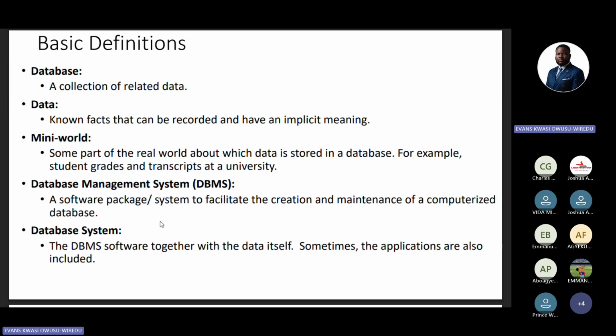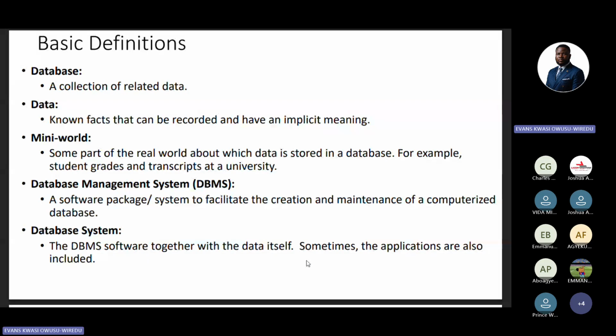But for the purposes of exams, one has to do with the package system, the creation and then maintenance, which is the full DBMS. The creation and maintenance, because maintenance includes keeping it after you create it. And then the database system, which is the software together with the data itself.